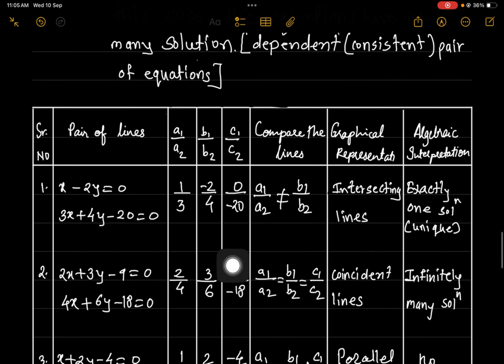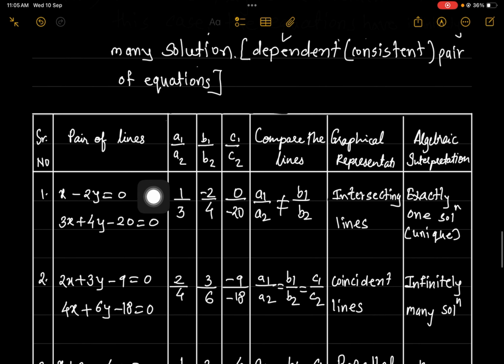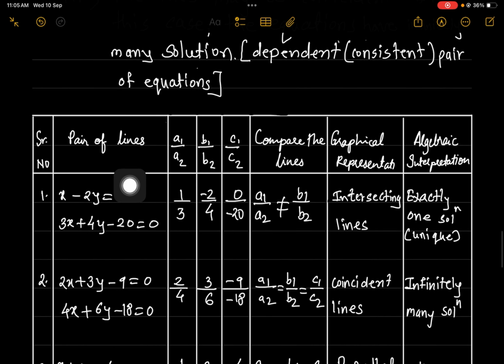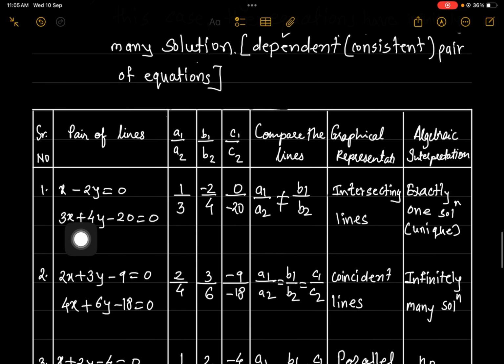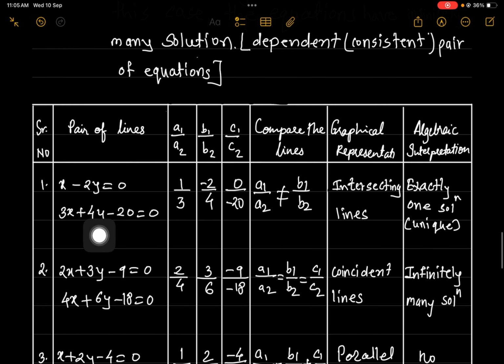Now we will study this in the table. Here a pair of lines is given as an example: x minus 2y equals 0, and another equation, 3x plus 4y minus 20 equals 0. Both equations have two variables.